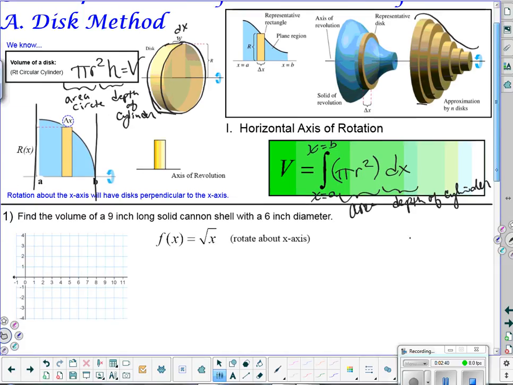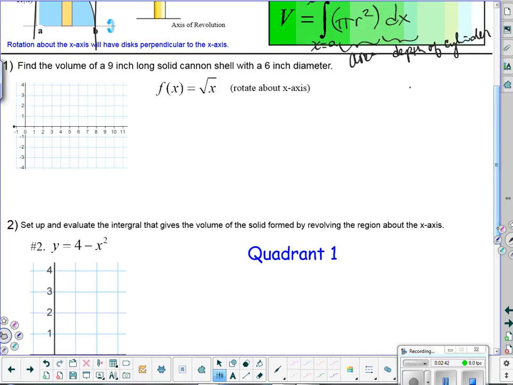Alrighty, so let's take problem number 1. Find the volume of a 9-inch long solid cannon shell with a 6-inch diameter at the end. So fairly large. Here's our function, the square root function. Graph it out. Plot points. Max, don't forget your calculator. 0, 0. 1, 1.